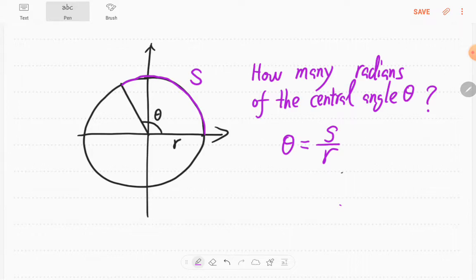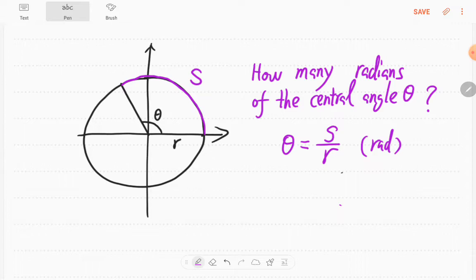Although we have the unit called radians, s is measured in meters, and if r is measured in meters, then meters divided by meters leaves no units.